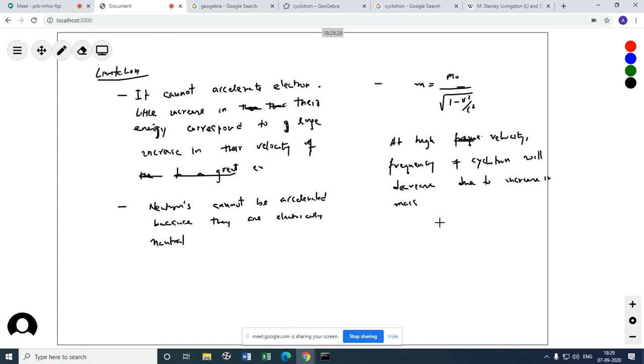Tell me the equation of frequency. Frequency is B q by 2 pi m, no? So if mass is very large, frequency should decrease. If mass increases, frequency should fall. So the cyclotron frequency should decrease, right?